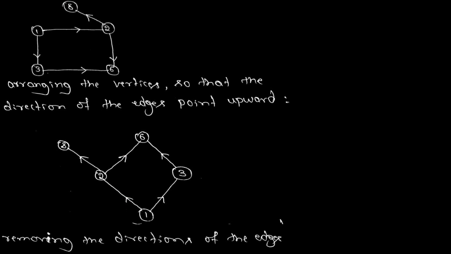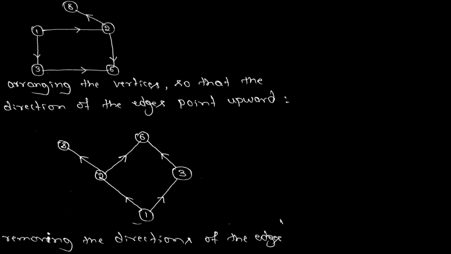Now what is the next step after this? Removing the directions of the edges, because it is understood that every edge is moving upward. So it's of no use keeping the arrows. So we can remove the direction. We can make it directionless.